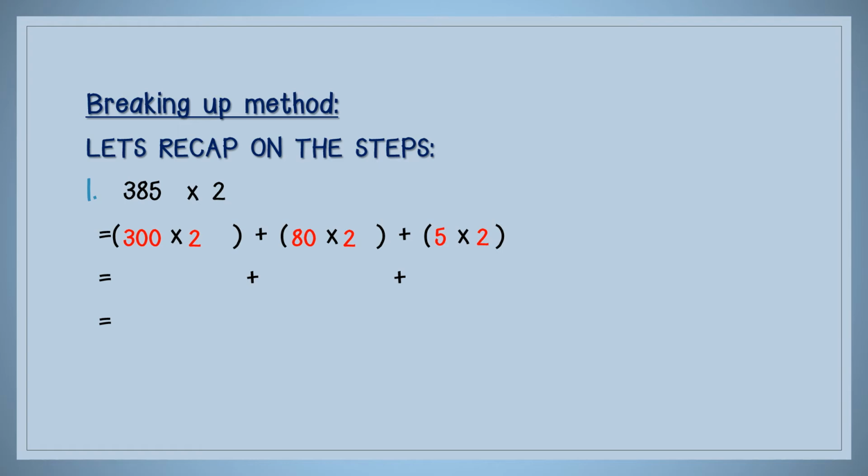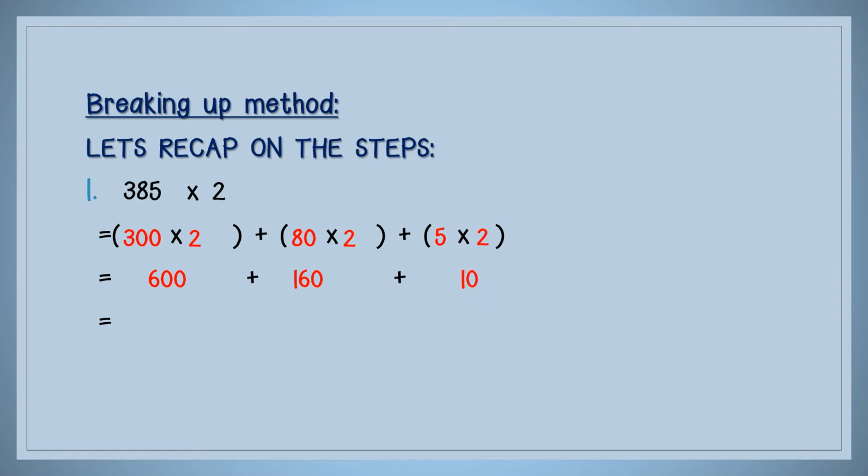And now we're going to put our answers for that multiplication sum for each 100 tens and units column in our second step. So 300 times 2 is 600. 80 times 2 is 160. And 5 times 2 is 10.